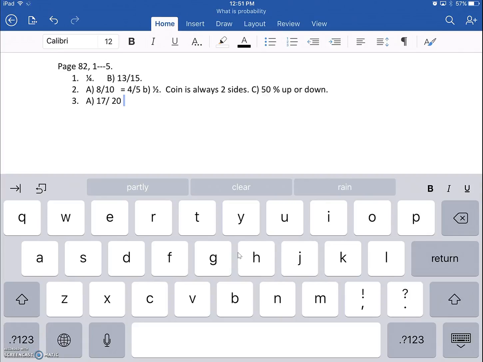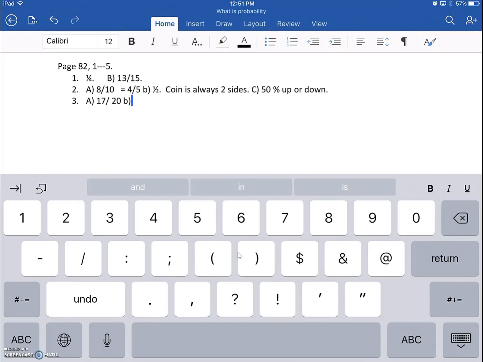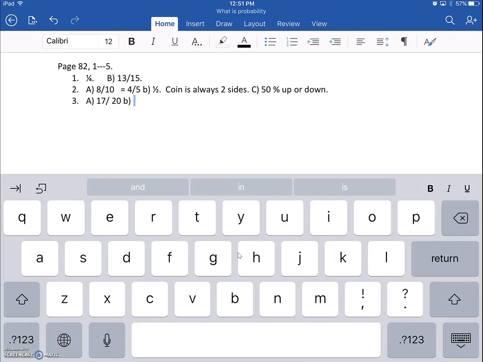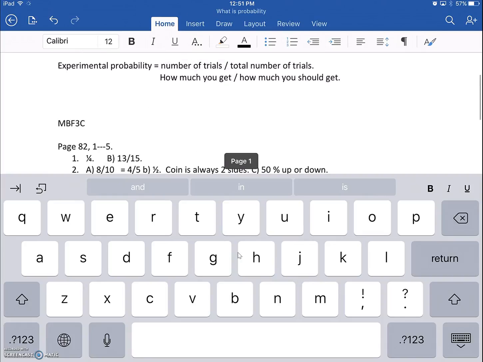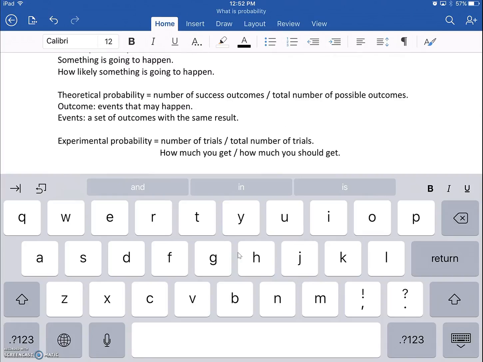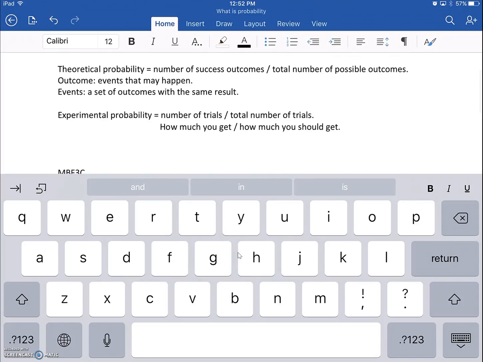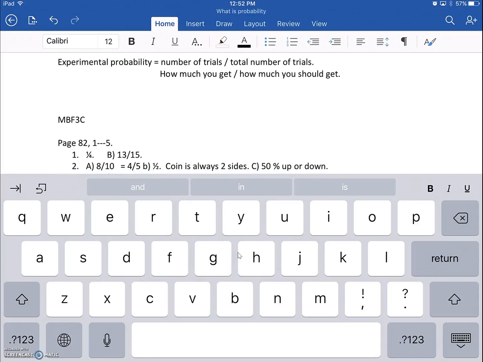Part b: what is the theoretical probability of showing a yellow marble? Express your answer as a percent. Okay? What is it? Well, the theoretical is number of success outcomes, and at first they told us the number of yellow marbles is 14.